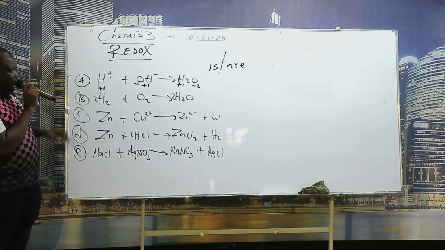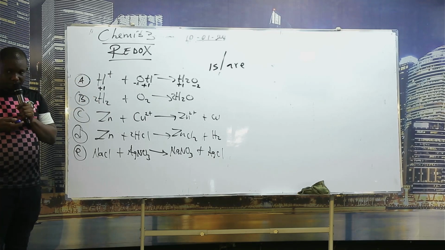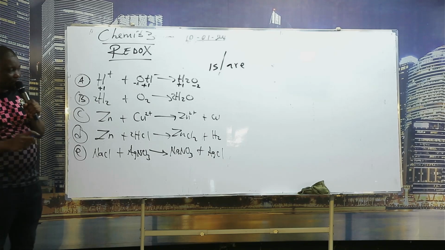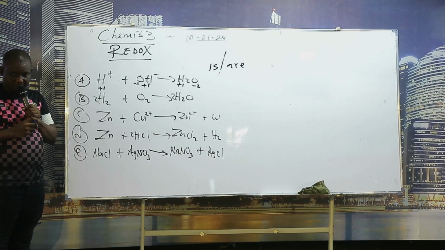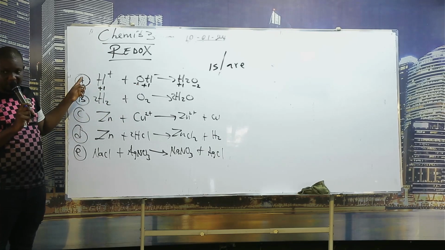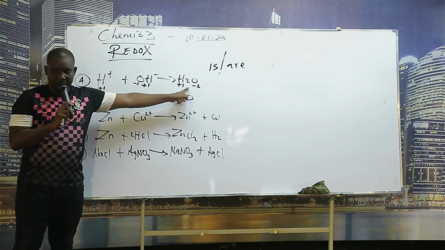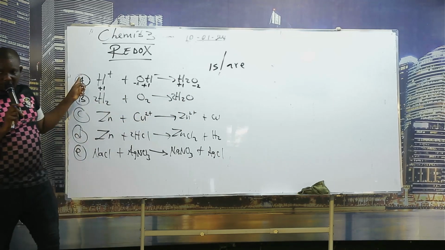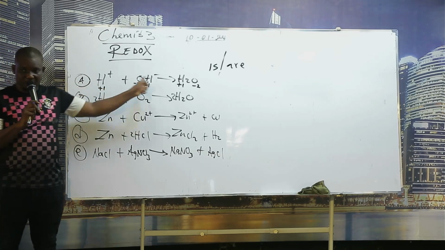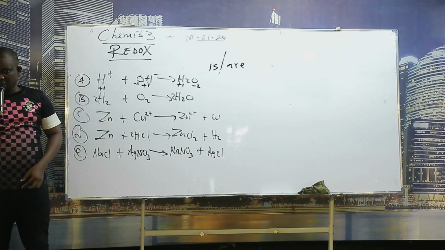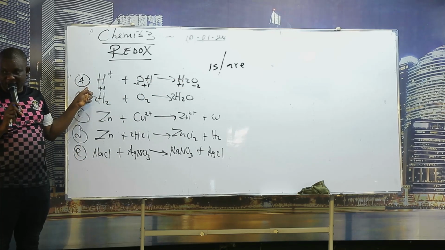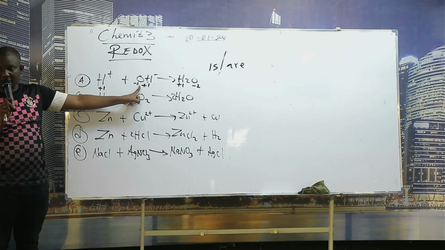If the reaction is not redox, what type of chemical reaction is this? H plus reacts with OH minus, and both give you water. The pH of water is 7, so the pH of H plus is less than 7, and the pH of OH minus is greater than 7.